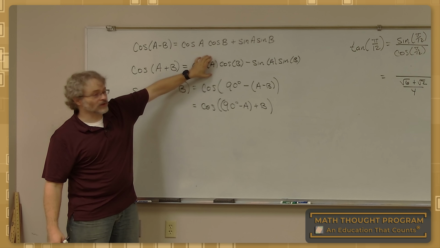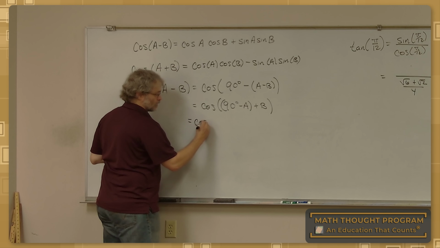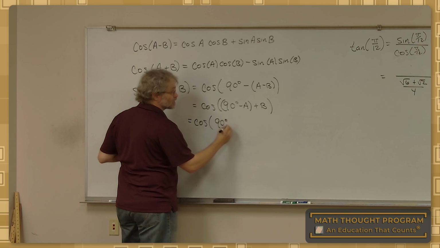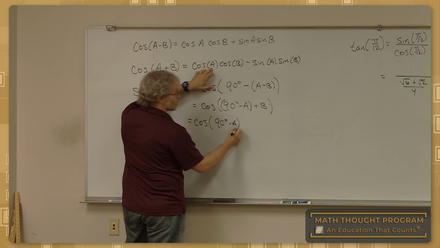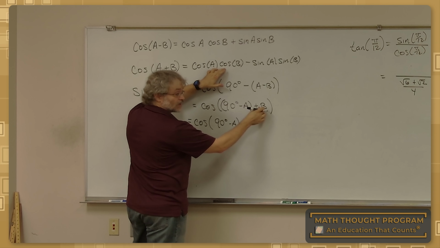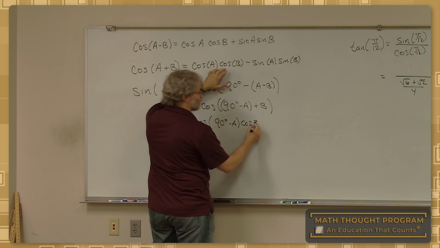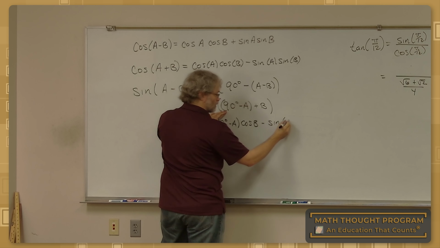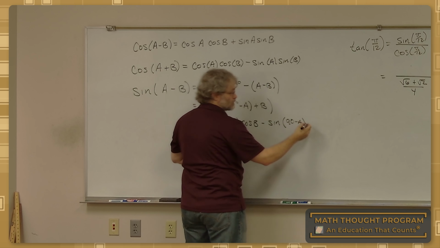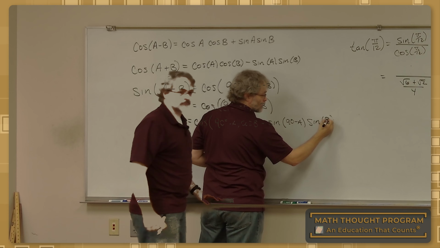So now apply this identity: cosine of 90 degrees, the first one, and then cosine of the second angle, which is B. Subtract it off, sine of the first angle times sine of the last angle.